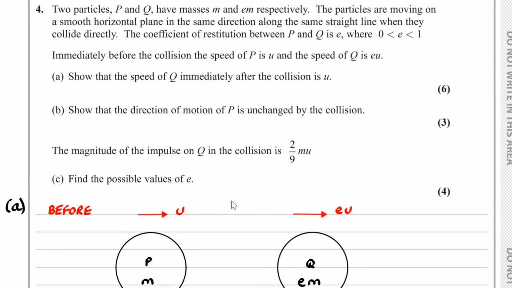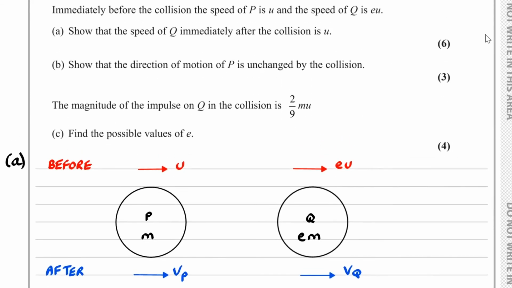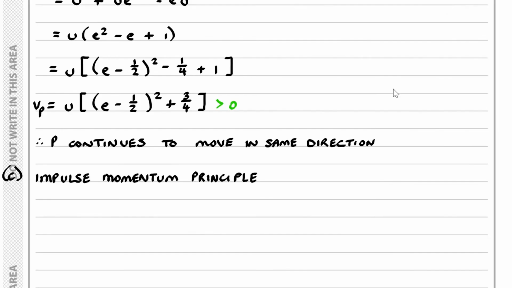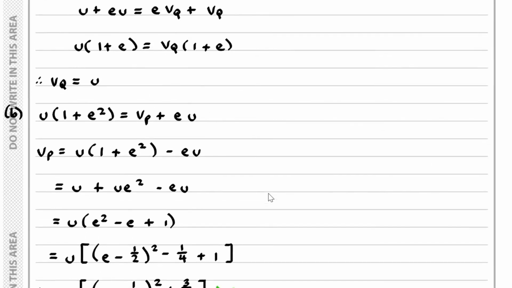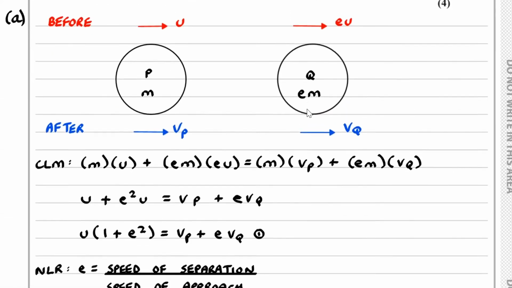Now for part C, the magnitude of the impulse on Q in the collision is 2/9 mu, and we have to find the possible values of e. Well, here we need to use the impulse momentum principle. So if I use the impulse momentum principle, I have I, which is equal to the mass. Well, here we have to use the mass of Q, which is em.